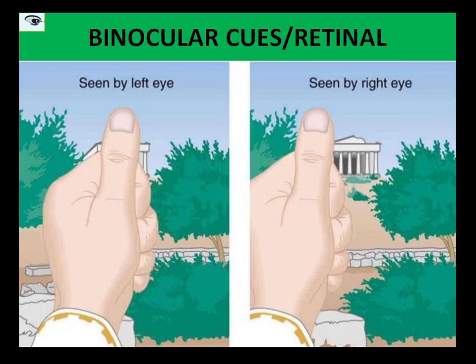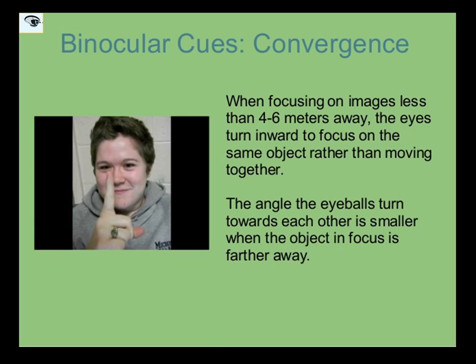Now, moving on to the next topic, which is convergence. Very interesting. When we talk about convergence, when we look at any nearby object, we see how our eyes converge inwards, literally, in order to bring the image onto the fovea of each eye.